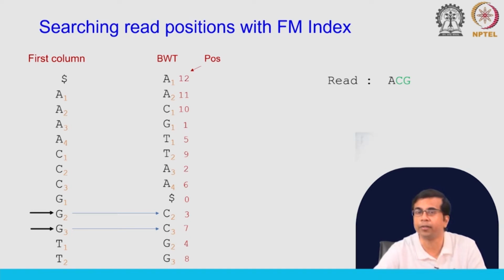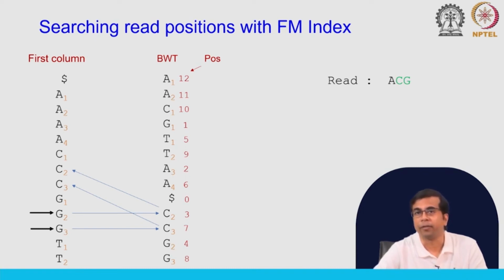Both of these choices are valid, because we have found the second letter C in both these choices. What we will have to do now is continue our last-first mapping. We are in the last column, so we will again map back to the first column, which means this will correspond to this C2 and C3 in the first column.